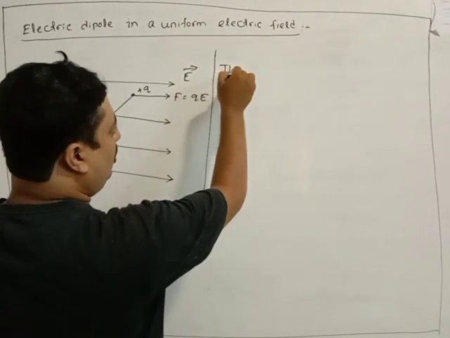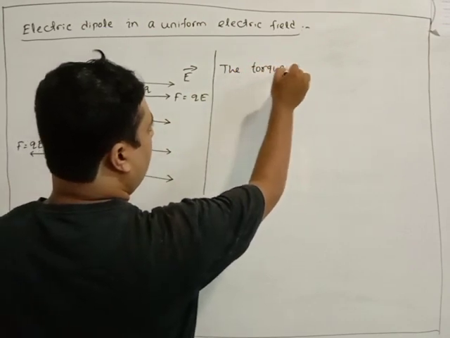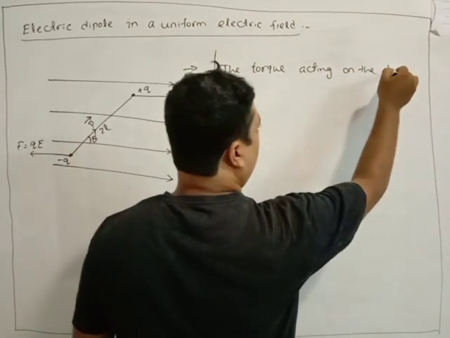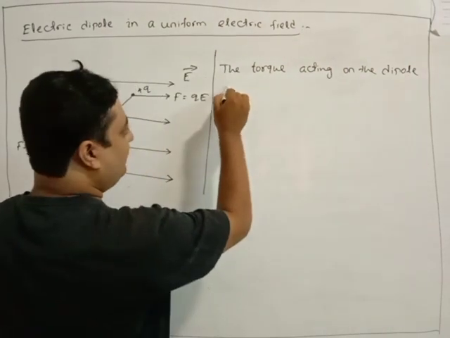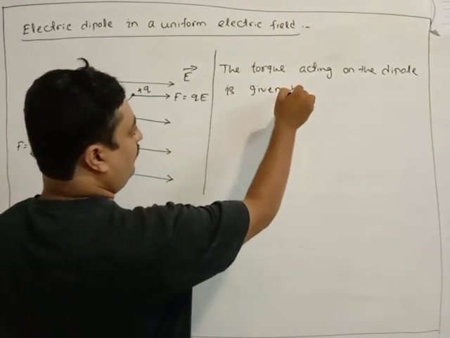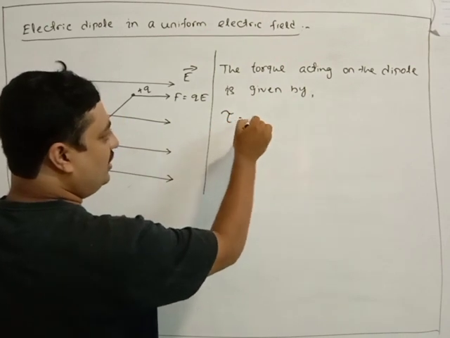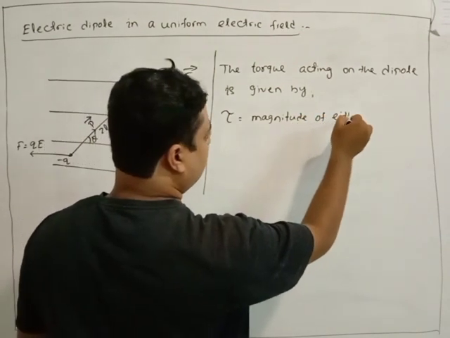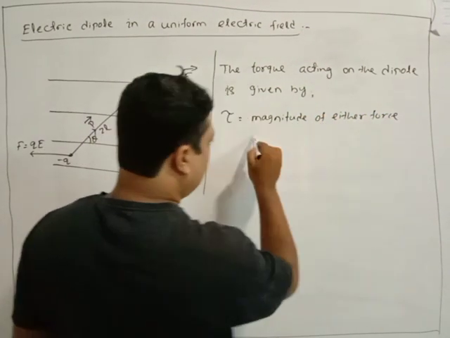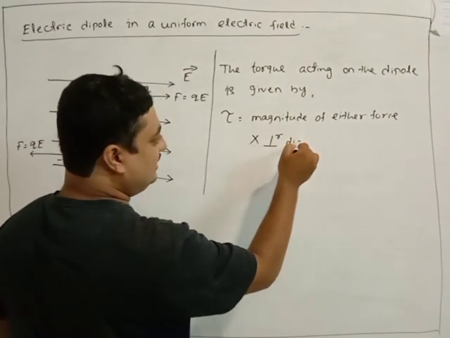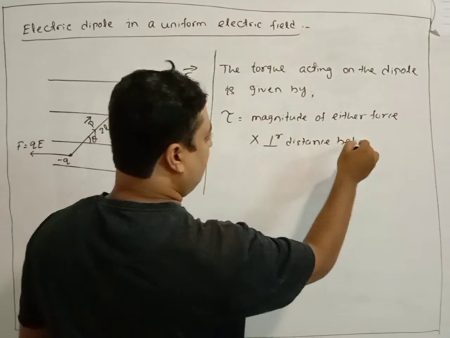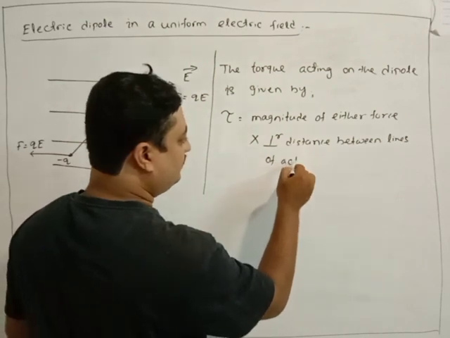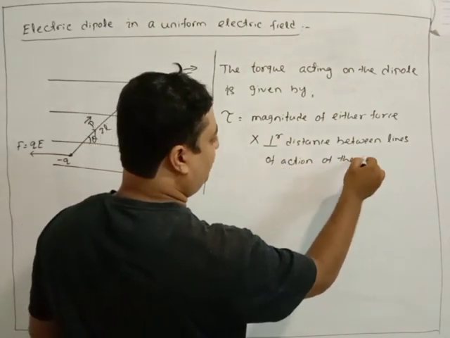The torque acting on the dipole is given by tau equal to magnitude of either force into perpendicular distance between lines of action of the forces.